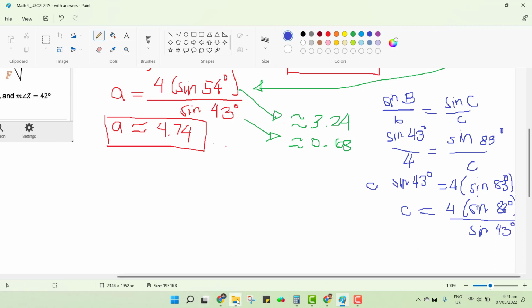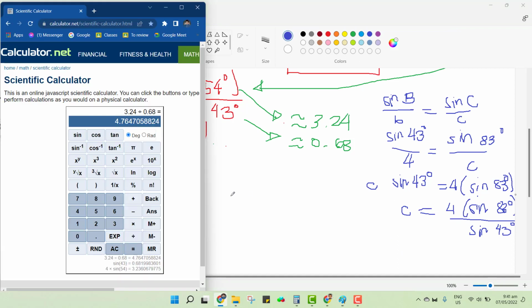So using the same calculator, let's solve it without rounding the results per process. So I'm going to use multiple parentheses to denote grouping. I'm going to have here 4 times sine 83 degrees. Okay, that's for the numerator.